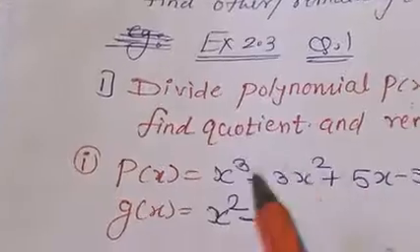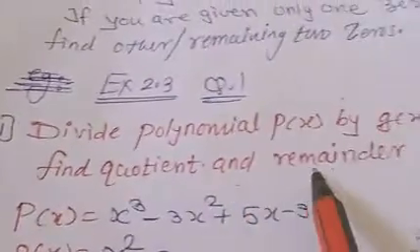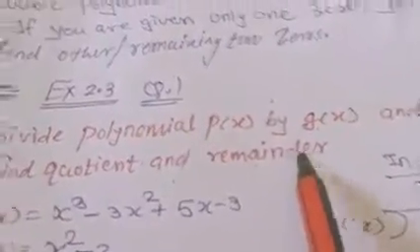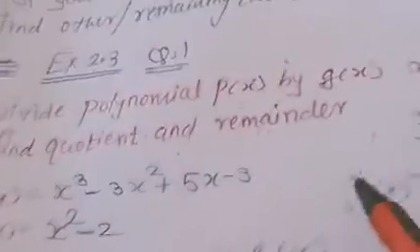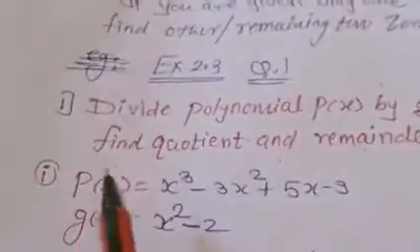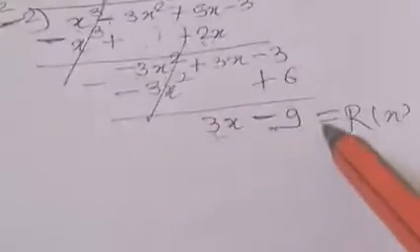Come to your question again. Divide the polynomial px by gx. That division is done. Now the second part, and find quotient and remainder. This is the quotient and this is the remainder.